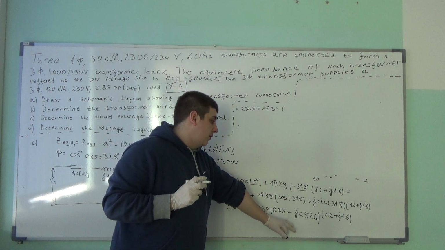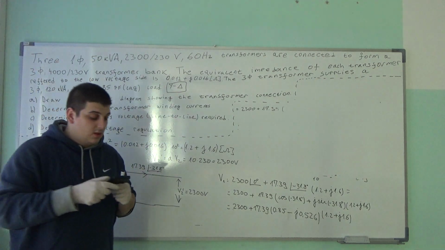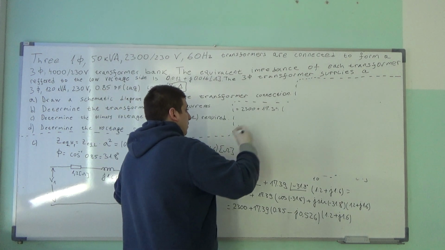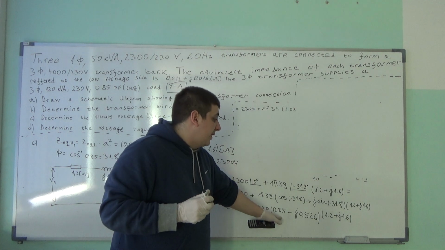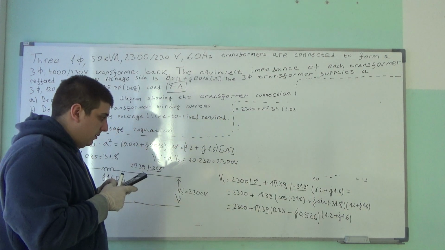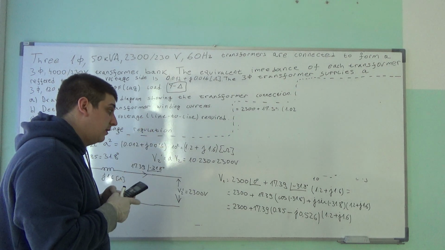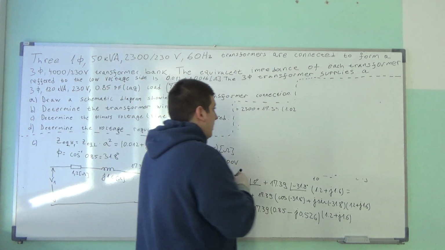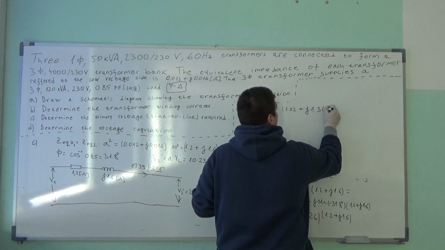Now I'm going to multiply these two brackets. 0.85 times 1.2 is equal to 1.02. 0.85 times 1.6, but don't forget the imaginary number, so this is equal to plus j, which is imaginary number, 1.36.